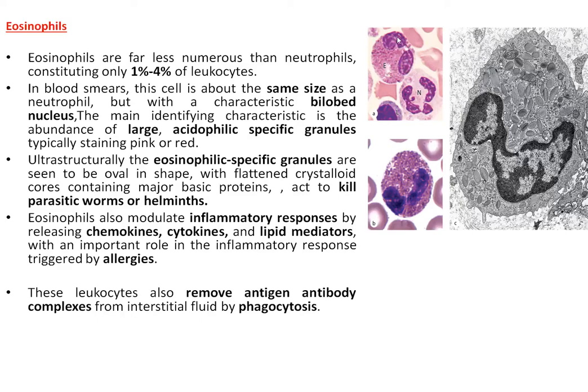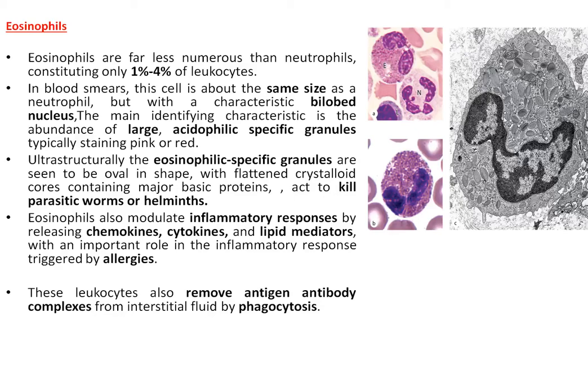Each lobe is attached to the other by a thin thread of chromatin. The main identifying feature is the abundance of large or coarse eosinophilic specific granules, typically staining red or pink.